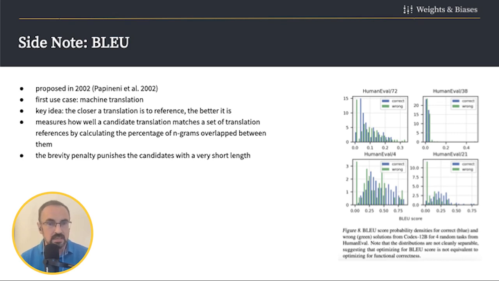We calculate the percentage of n-gram overlaps, and this gives us the BLEU metric. Historically, it performed really well for machine translation. It allowed the field to progress, but when evaluated on code by the team, it seemed like it did not work at all. So using the BLEU metric, it was very hard to distinguish the correct generations from incorrect generations.